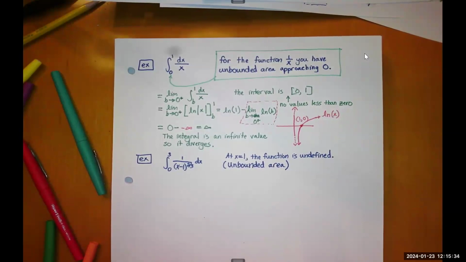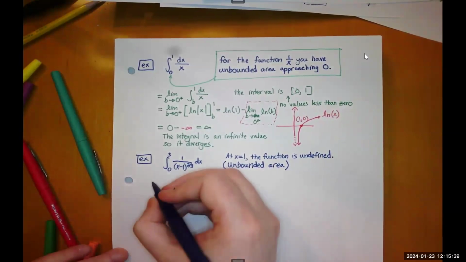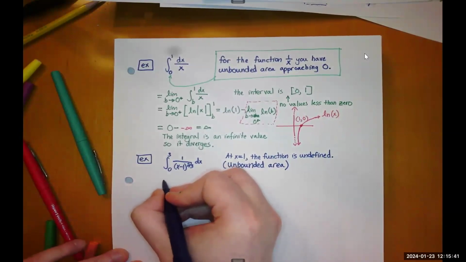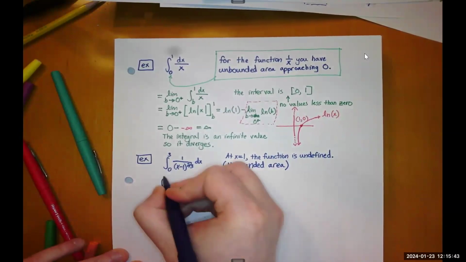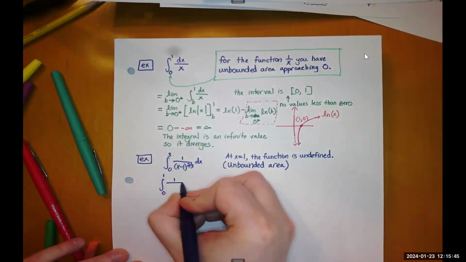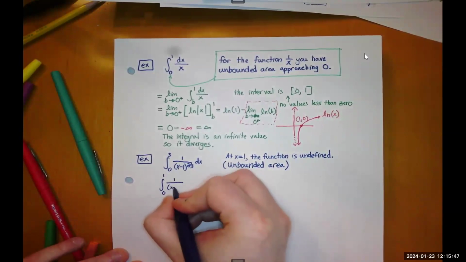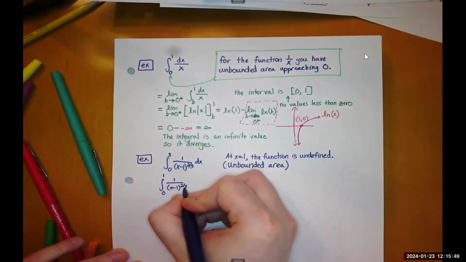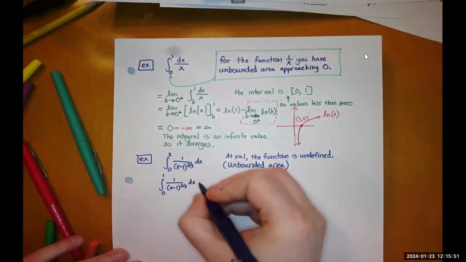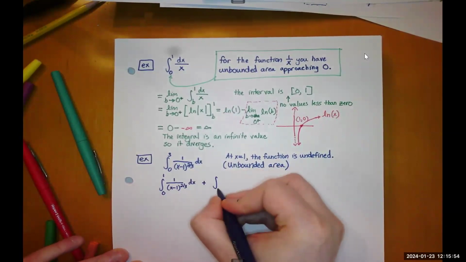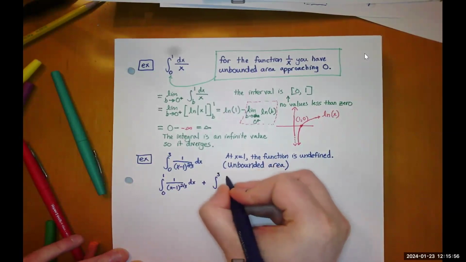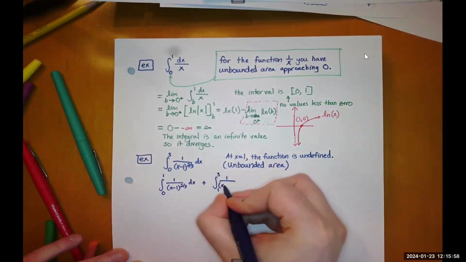So this improper integral is a tricky one. We have to look at not the integral from 0 to 3 for this function, but we have to do this on 2 separate intervals, from 0 to 1 and 1 to 3.